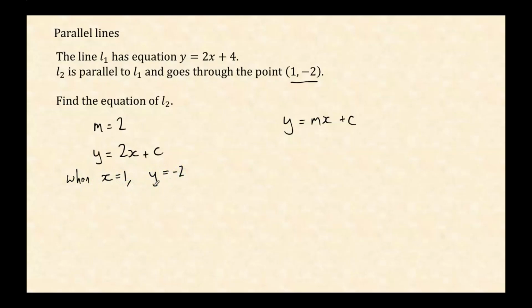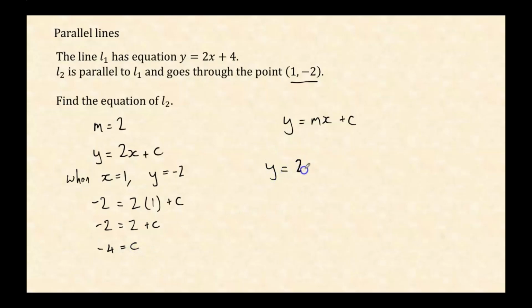If I substitute these values into this equation, here's what we get. y is negative 2, and then I have 2 times my x value, which is 1, plus c. Tidying this up, I get negative 2 is 2 times 1, which is 2, plus c. And finally, subtracting 2 from both sides, I get negative 4 equals c.